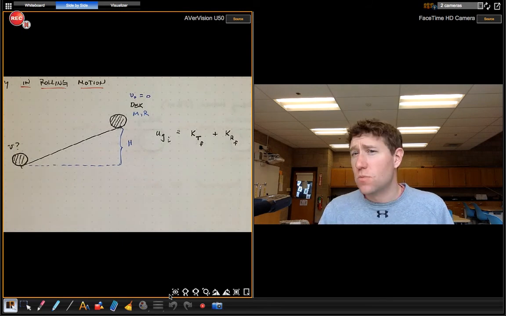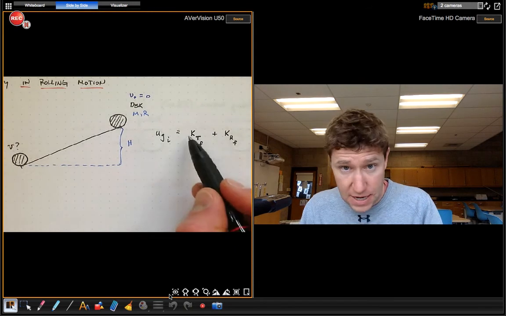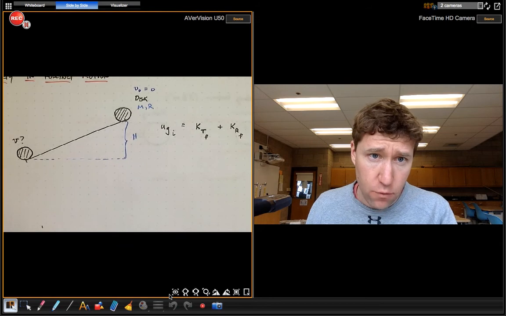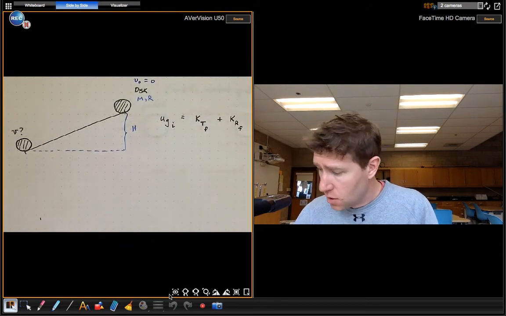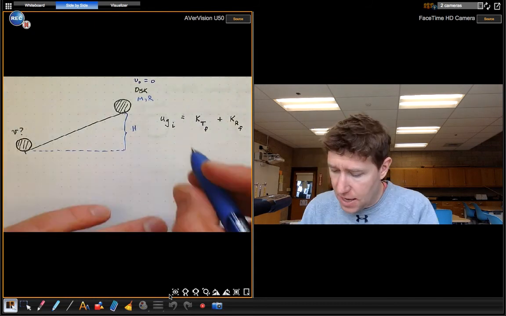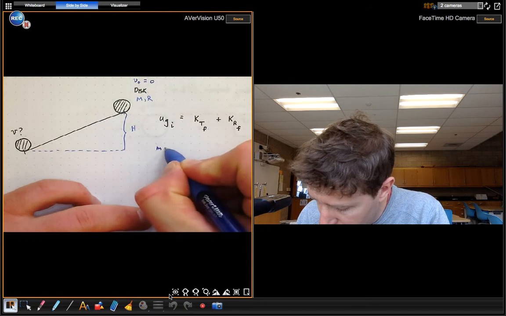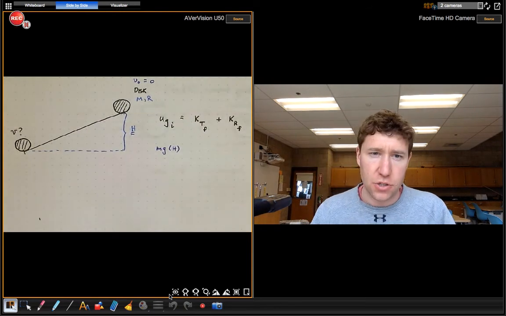So this is very similar to the energy conservation we've done previously. The only thing that's different is that we have two different types of kinetic energy that we have to account for. If I start with the left-hand side, the potential energy initial is going to be mgh, that's the height initially.